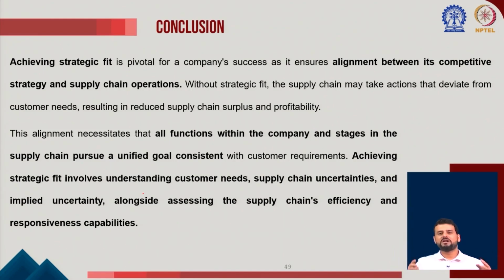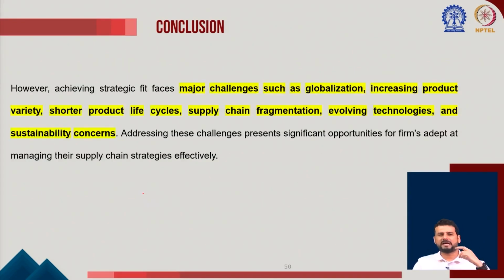Then we talked about how this supply chain strategy should be aligned with your competitive strategy to get strategic fit. We have seen some parameters by which this strategic fit can be disturbed: multiple products, multiple customers, life cycle changes, uncertainty from the supply, uncertainty from the demand, globalization, all those things, right? Any change in technology will disturb your complete strategic fit, right? So that's all about how we can develop the supply chain strategy in line with the competitive strategy.